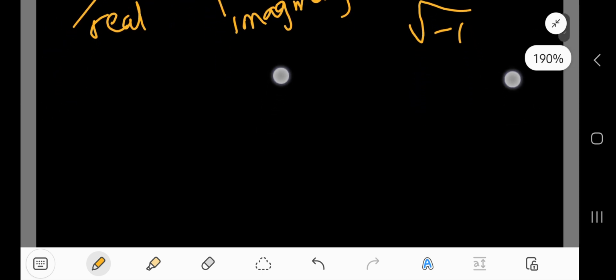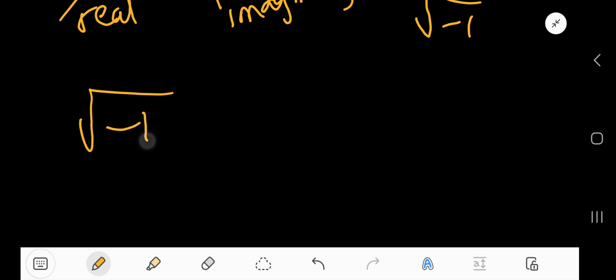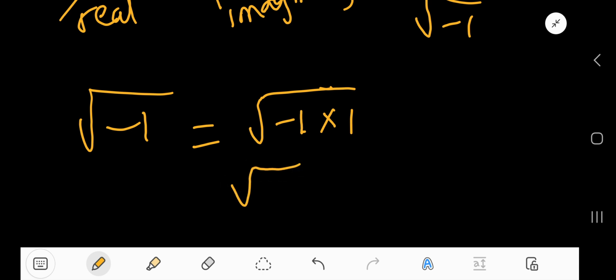So I have the square root of -1. I can disassemble this into the square root of -1 times 1. Then I can separate them, giving each number its own square root. So I have the square root of -1 times the square root of 1.